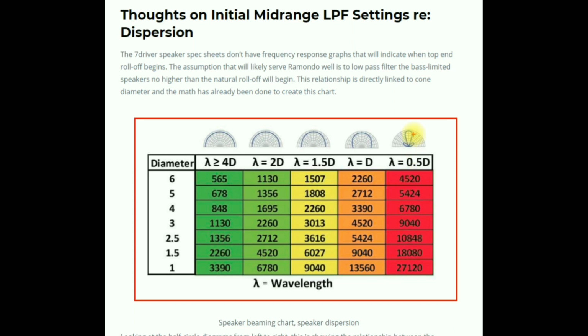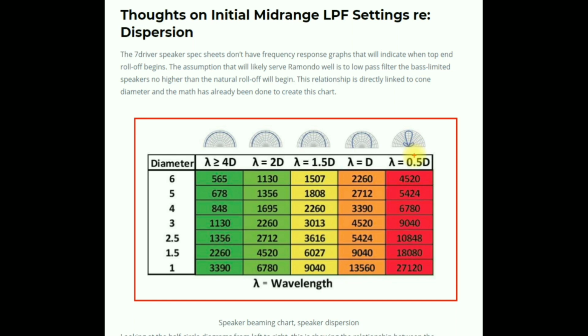Once you get into this red column, the dispersion is extremely narrow, and there's a common analogy here. Wide dispersion is like having a flood lamp, like those security lamps you might have on the outside of your garage door or at the door of your house.